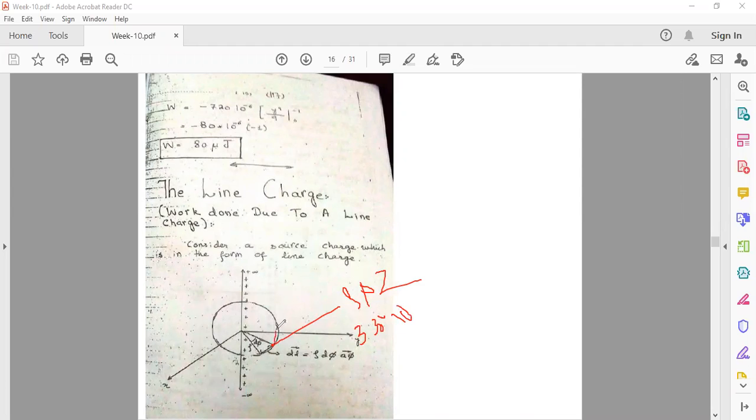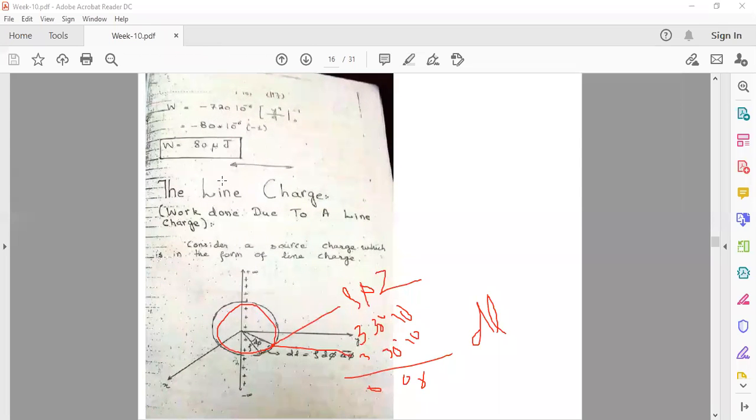If we move along this circular path, this is also our final point, 3, 30, and 10. So what will be the difference? 0, 0, 0. It means dl will be equal to 0 along the circular path.